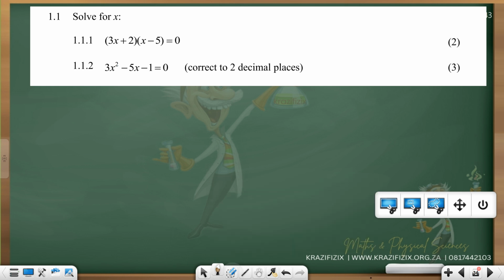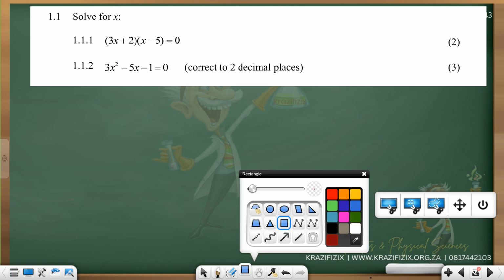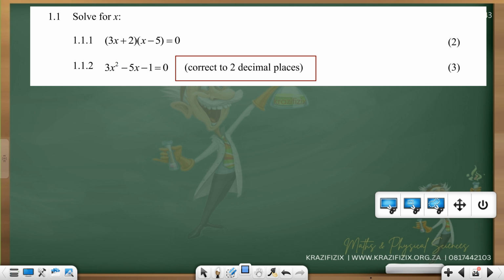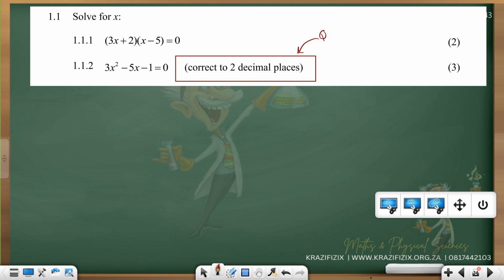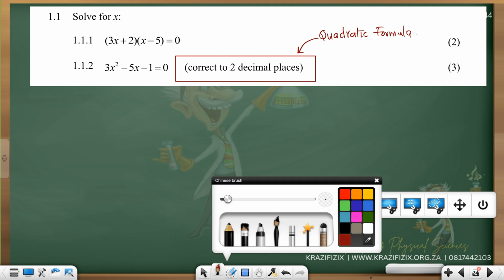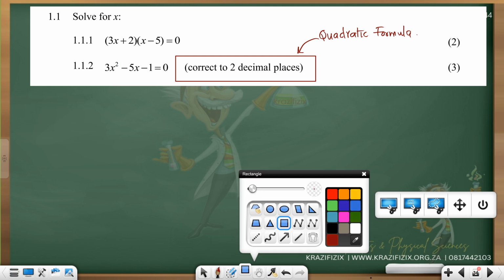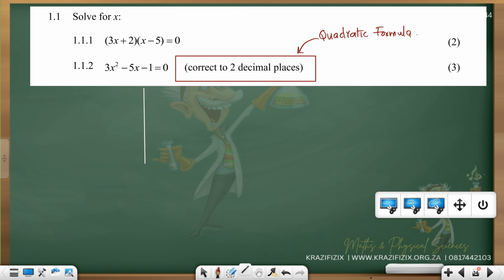When you see this phrase, don't even try to open brackets. You will not get an answer. Once I see this phrase, correct to 2 decimal places, and I want us to walk through together, some of us still don't know how to round up. Once I see that, I quickly bring in my quadratic formula, which we proved, if you remember. Okay, so let's do both questions together.